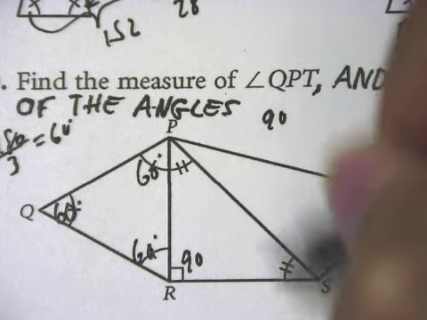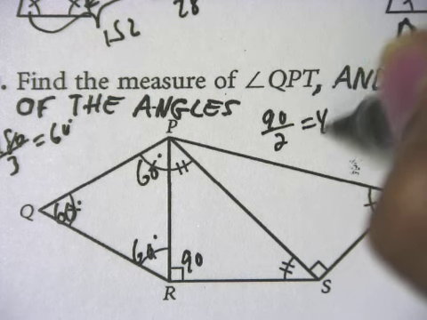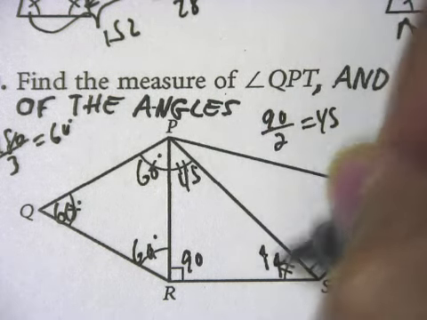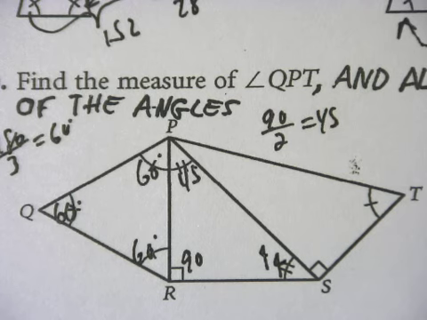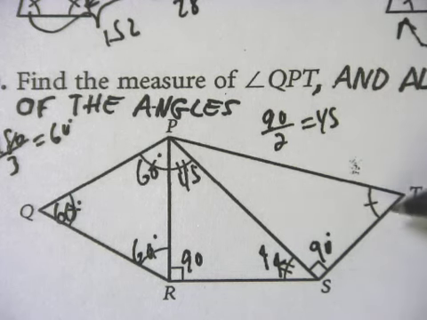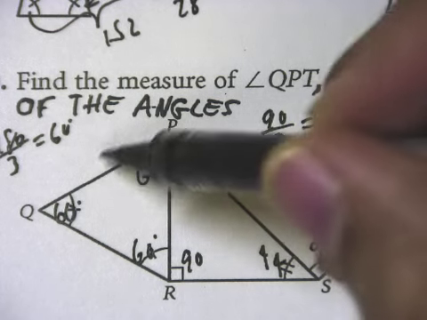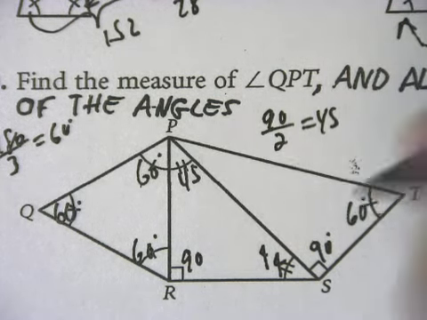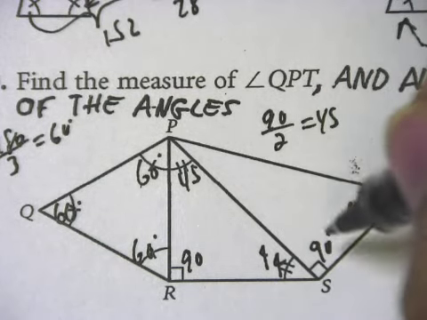I know that this is 90 degrees here, and I know that in a triangle I have 180 degrees. Well, I used up 90, which leaves me with 90 degrees to use between these two angles here equally, because these two angles are congruent. So 90 divided by 2 is 45 degrees. So this is 45, and this is 45 degrees.